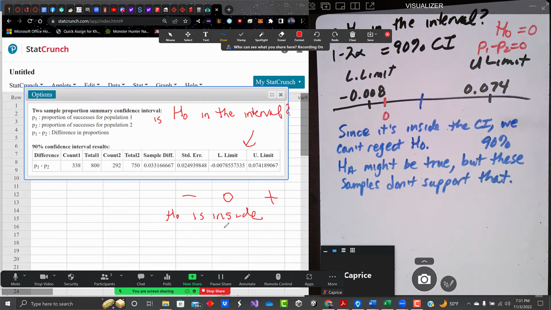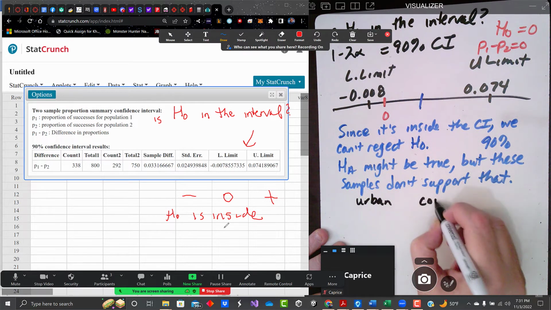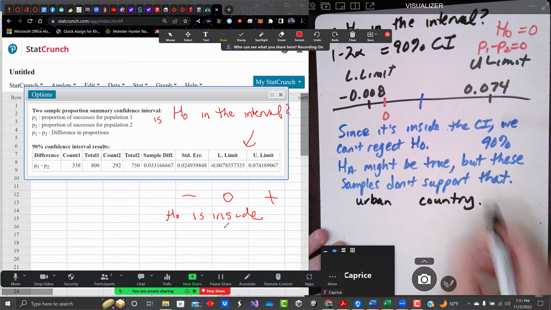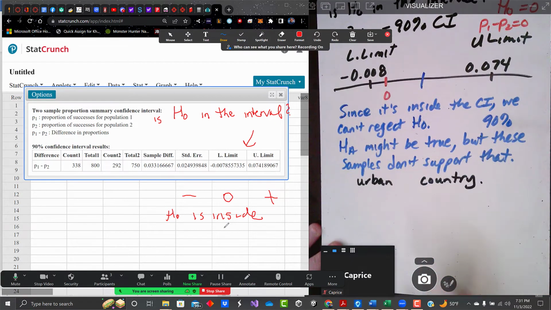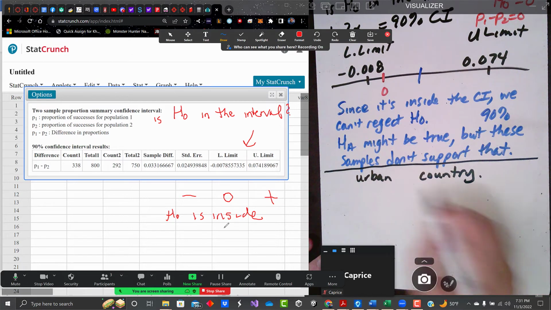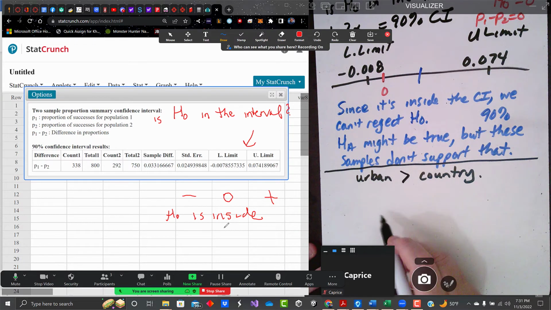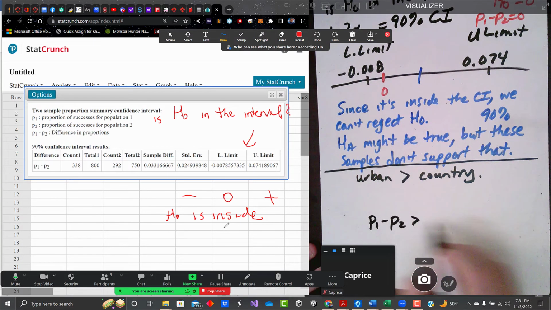So for the P1 and P2, we had urban and country. I don't know if you like this better or not. I know it said urban was greater than country, so I know I need to have P1 minus P2 to be greater than 0.